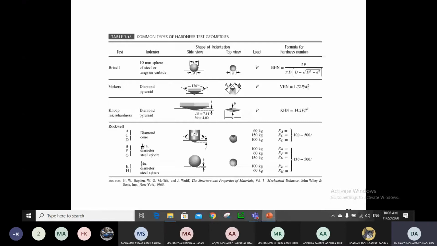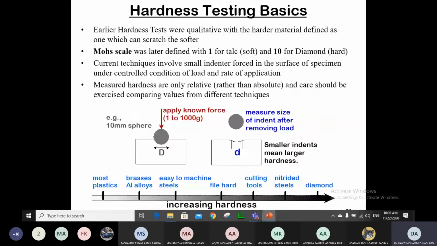Okay, so if you have any questions you can ask later. Last time we talked about the hardness, and we said the hardness is the ability of the material to resist local plastic deformation.